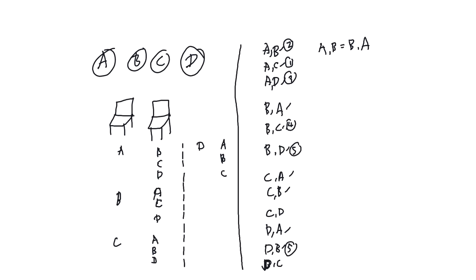And then CD is the same as DC. Okay, so CD is the sixth arrangement that we don't care about its position. So C, D, D, C.